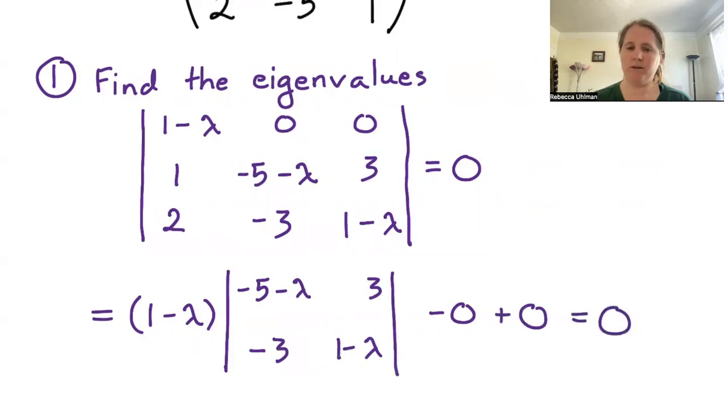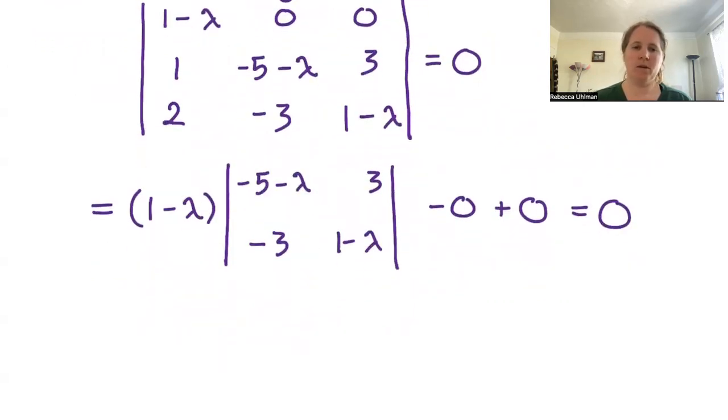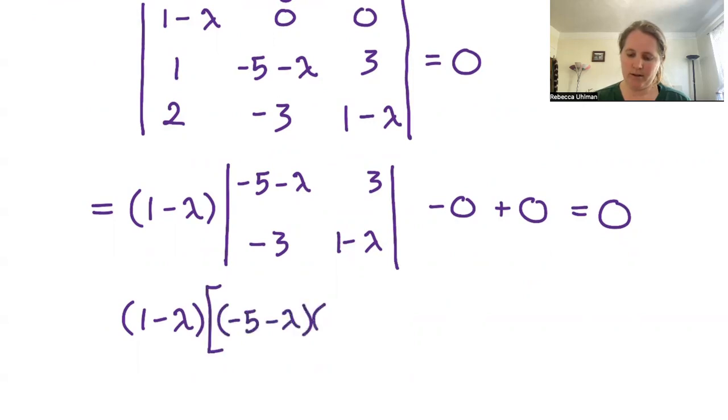All of this should be equal to 0. So we are looking at 1 minus lambda times -5 minus lambda times 1 minus lambda minus -9. And that all should be equal to 0.